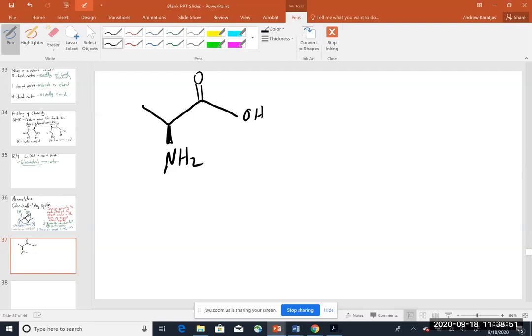So first question, where's our chiral center? It's the only place in the molecule where we have a carbon that's bonded to 4 different groups. What is the 4th group, though? Because there's only 3 drawn in. So if there's only 3 drawn in, then we know that the 4th group has to be a hydrogen.